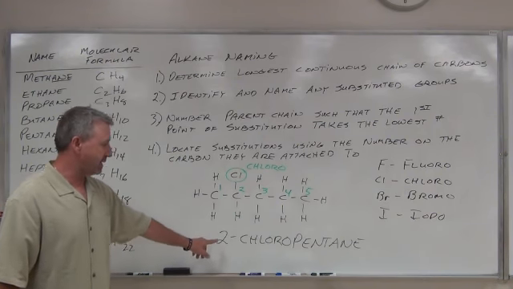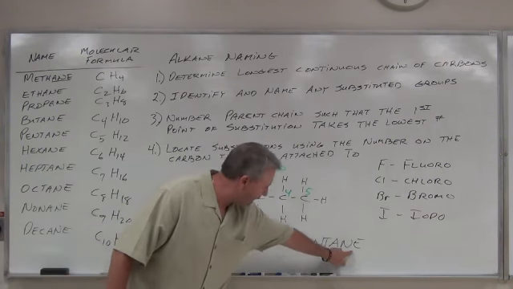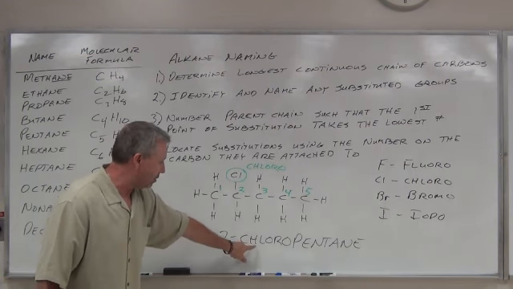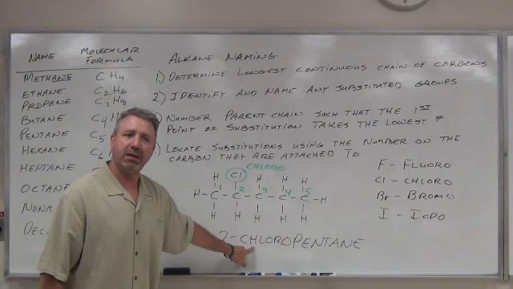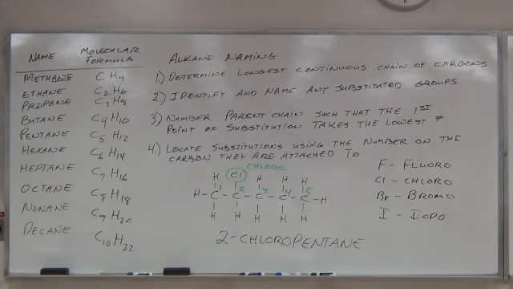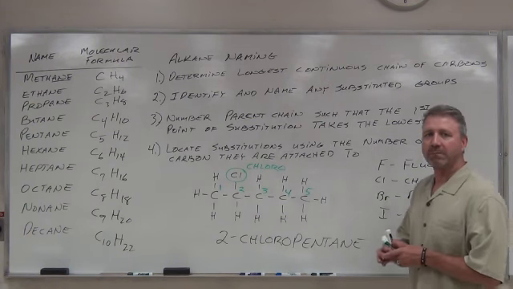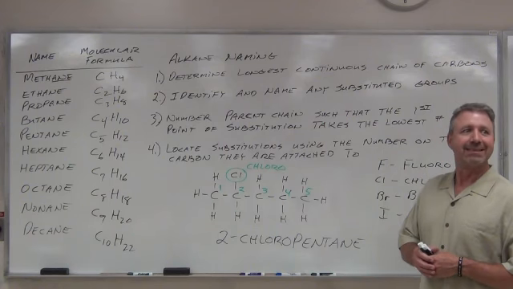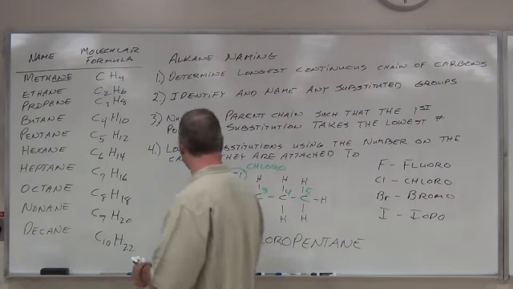So what this says is, I have a pentane, 5-carbon chain. At carbon number 2, I have a chloro. Everything else is hydrogens. Okay? Does everybody see that? Yeah. All right.